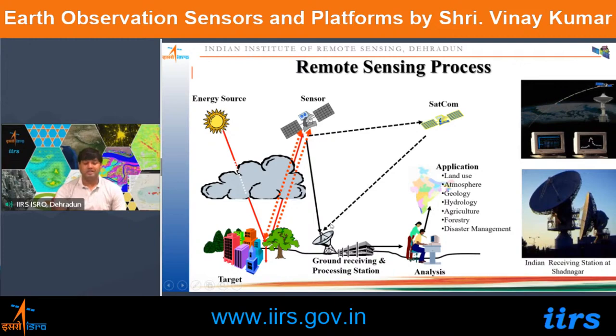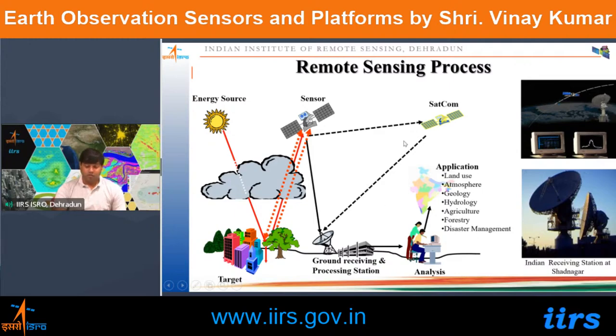We need to fix these errors before giving the data to the user. So we have to pre-process the data, do radiometric error correction and sensor error correction, and then give it to the user for further analysis.